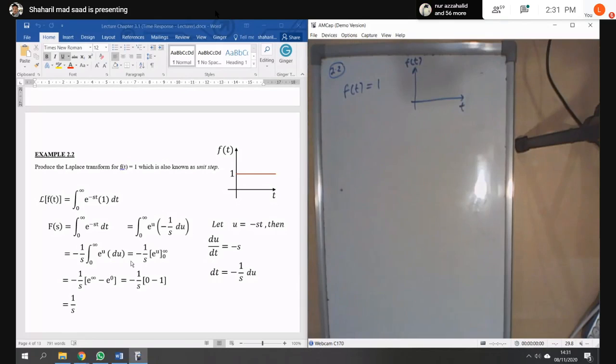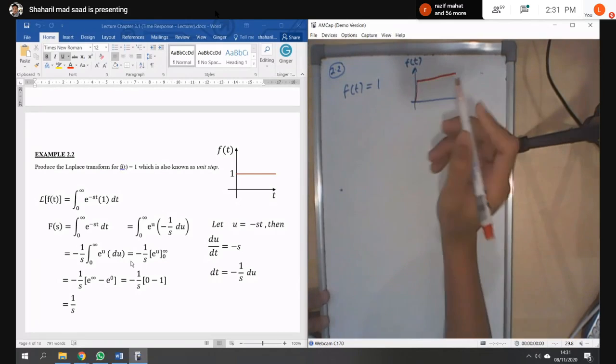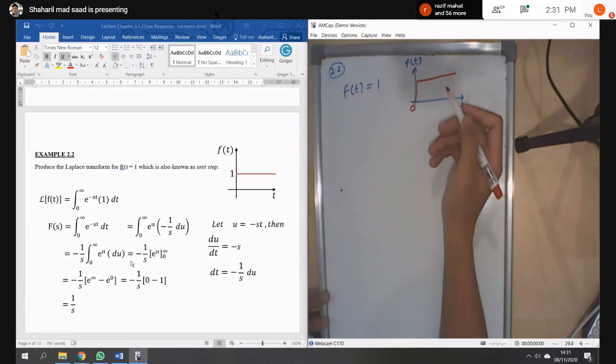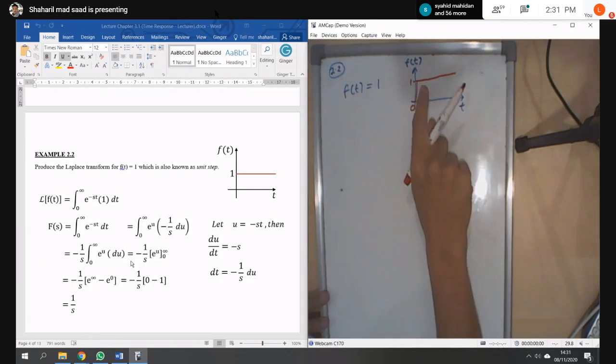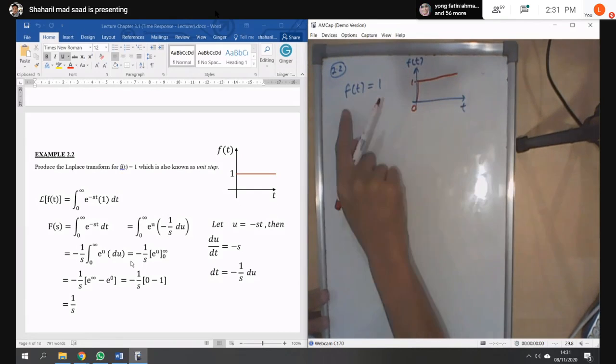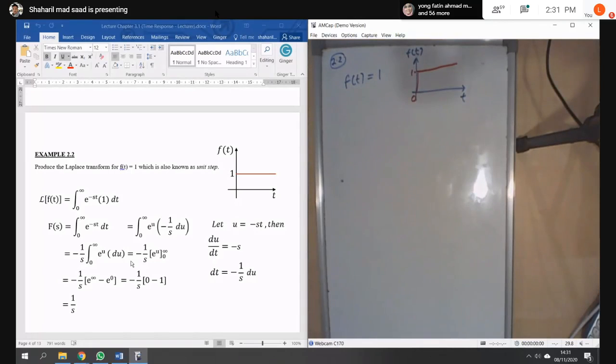It starts from 0, and then the value is 1 and stays constant at 1. That's why we have f(t) equal to 1. So let's derive this one.